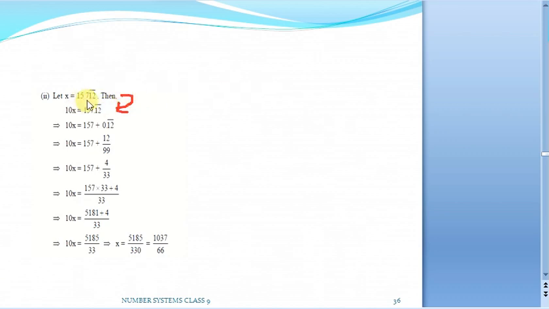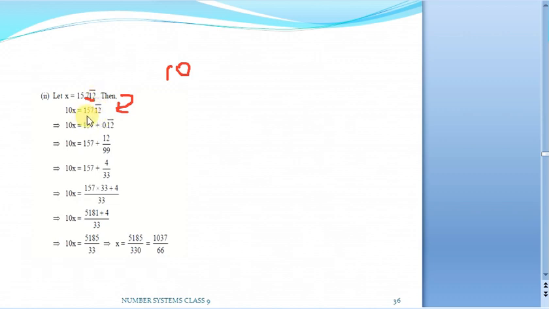Only one digit is not repeating, so I will multiply with 10 on both sides. So we get 10x on the left side, and the decimal point moves one place past the 7, so it will be 157.12 bar.